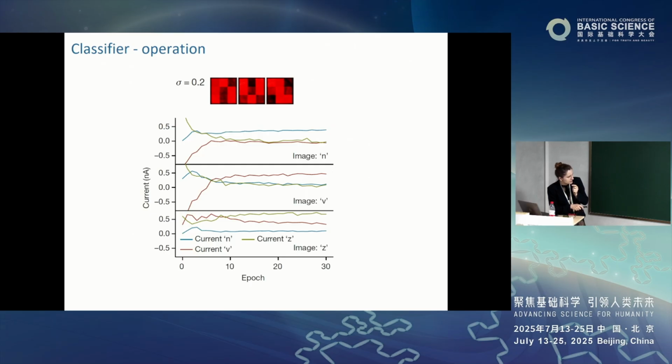After about 10 training cycles, you can see that when we project N, the current connected with the channel N is higher and actually non-zero. And here it's the same, but for V and for Z. Apparently, the sensor had a problem with Z. Z is not a nice letter, but it was quite good with N and V. Obviously, you can see that the performance was good after a few epochs for Z as well.